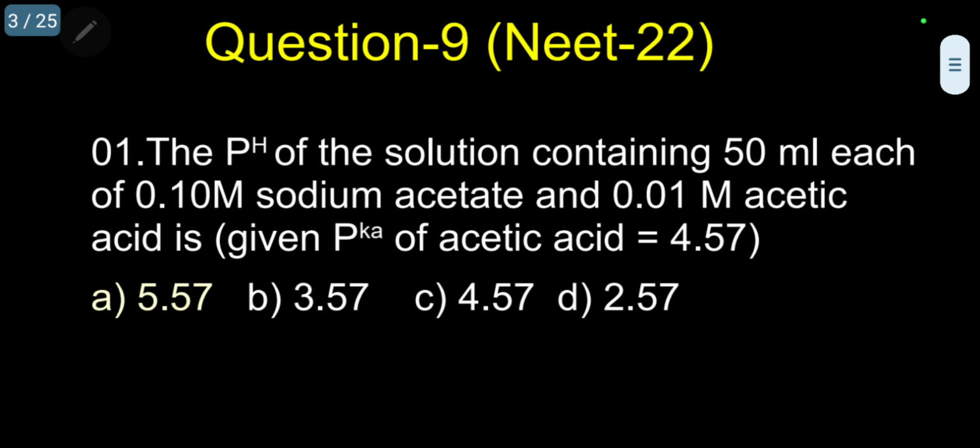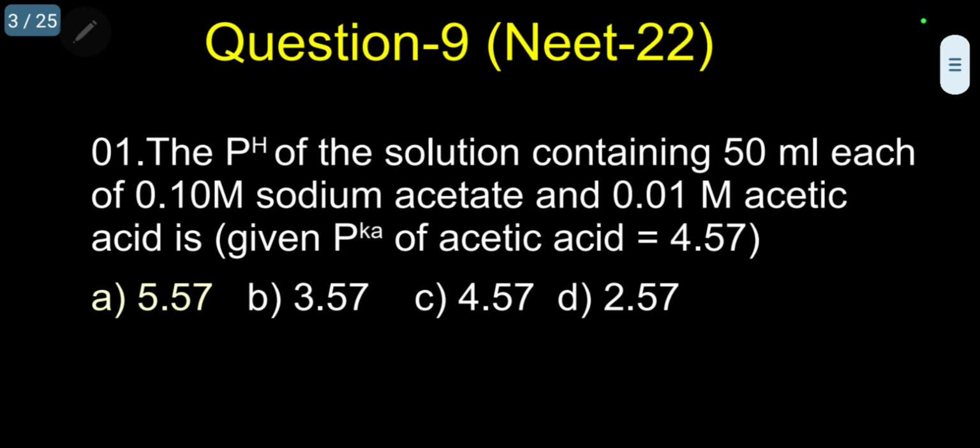Now I am going to discuss the questions asked between 2022 and 2025. Question number 1, NEET 22: The pH of the solution containing 50 ml each of 0.10 M sodium acetate and 0.01 M acetic acid is, given the pKa of acetic acid equal to 4.57.